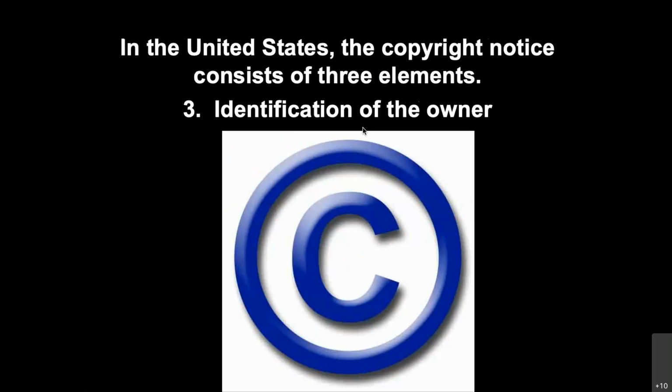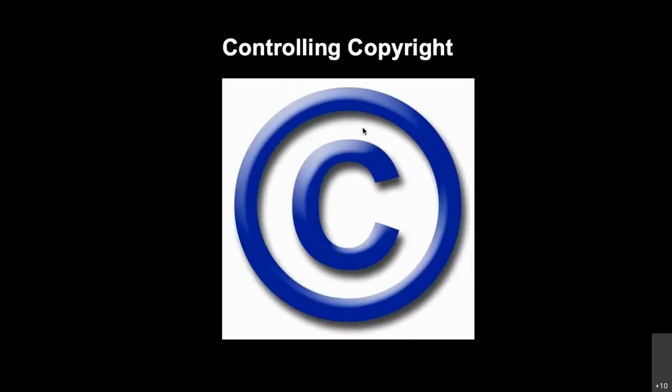So a lot of songwriters take advantage of this, and they'll put 2021 on their copyright notice because maybe they wrote it a few years ago, but they haven't released it yet. By putting 2021 on it, it looks like it's more current. So just keep that in mind.